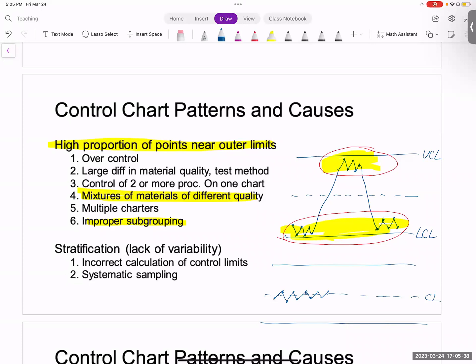They're not properly computed. And the second problem that can happen is systematic sampling. This is where you try to over-control the process, right? You try to remove any of the samples that deviate a little bit too much, right? That's probably not a good idea in quality control.